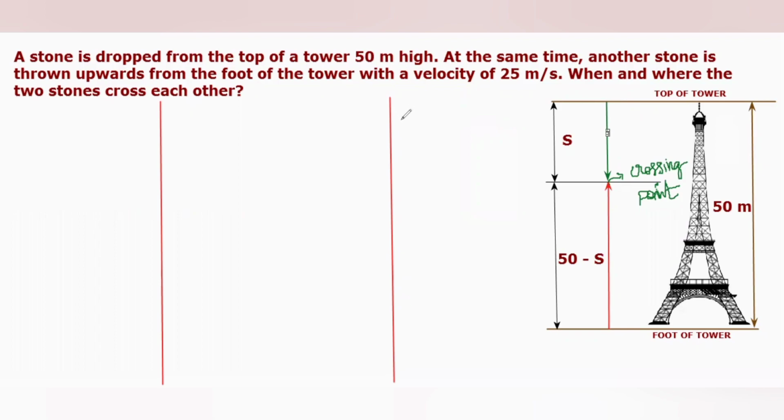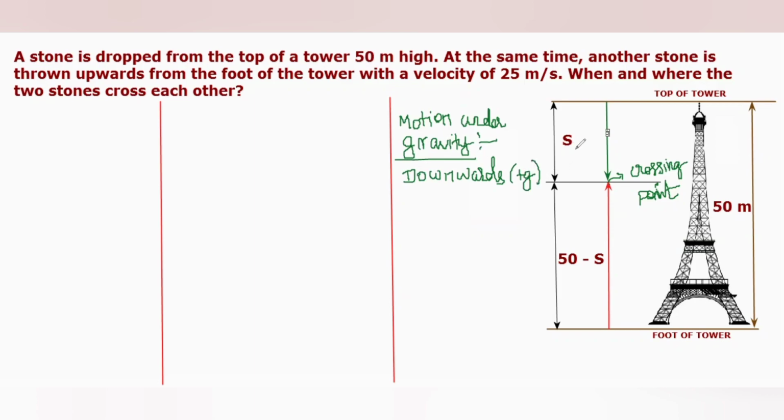Motion under gravity. If the object is moving downwards, that means along the direction of g.